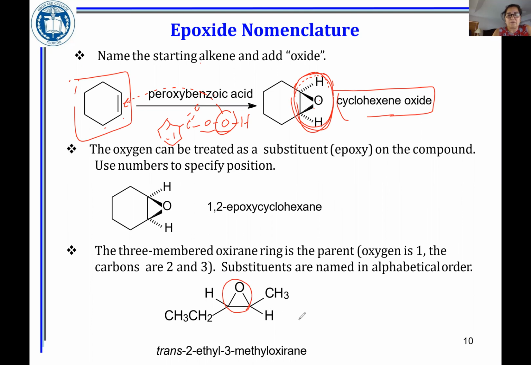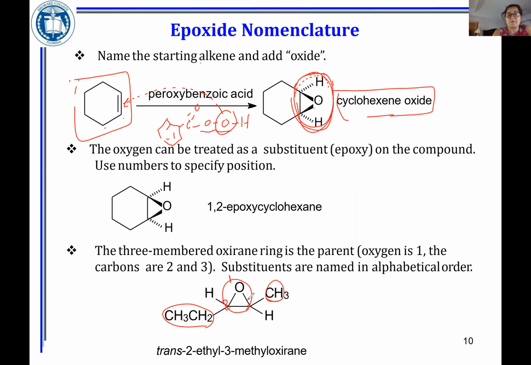So you are going to start numbering the ring first. To number the ring, you start with the oxygen as 1, and then you move to the side that comes first in alphabetic order. So you are going to have oxygen 1, and then you have carbon 2 and carbon 3.